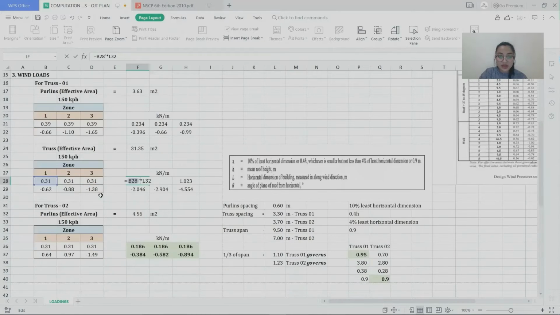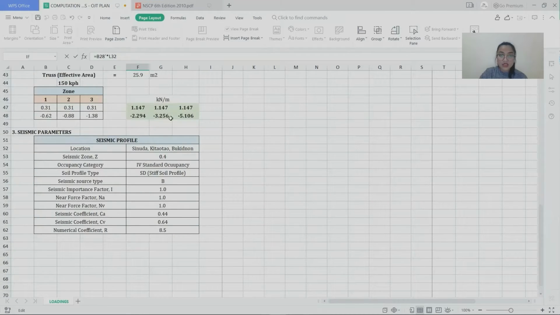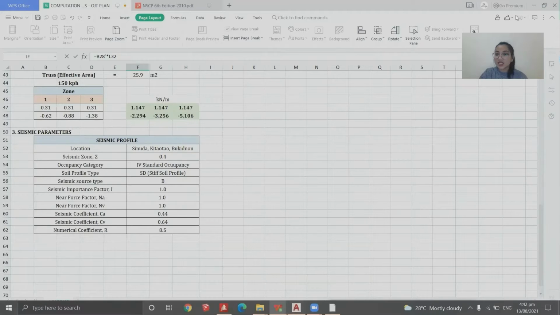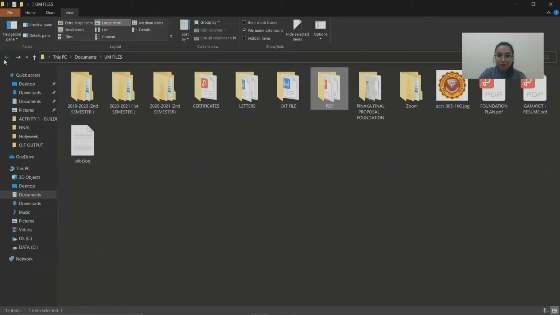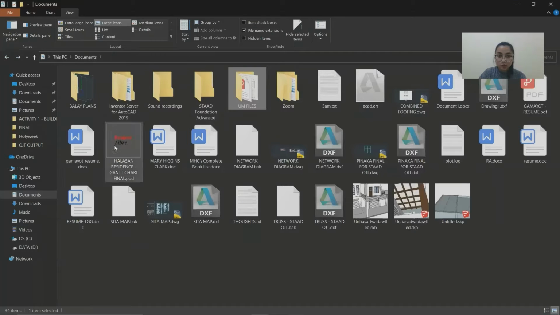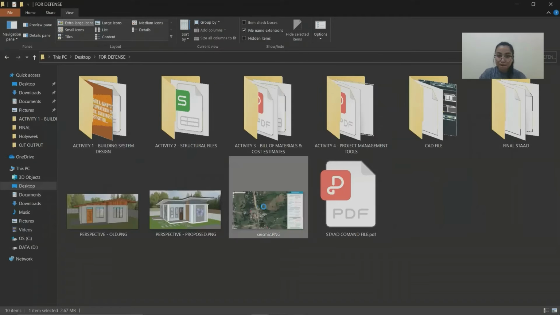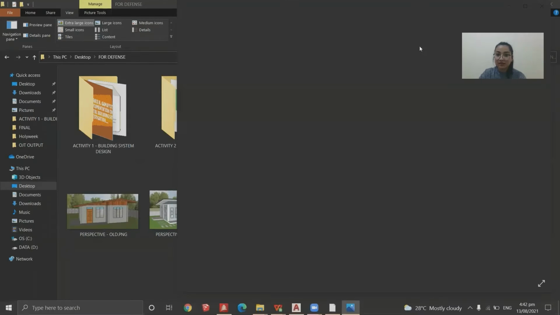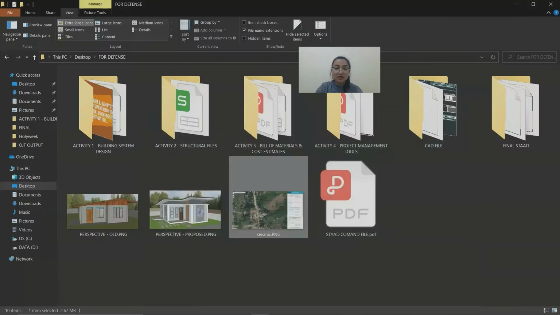And then we have here the seismic parameters. So kani siya is nakuha na ko siya using Hazard Hunter. So the nearest active fault niya is 25.8.